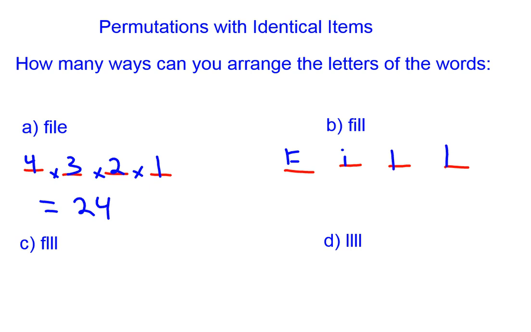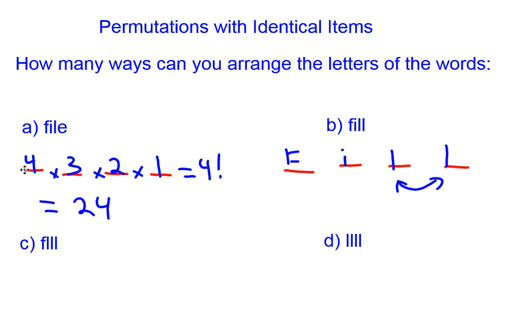If I take these 2 L's and swap them around, the arrangement still looks the same. So we actually have fewer than 4 factorial different ways to arrange the word fill.